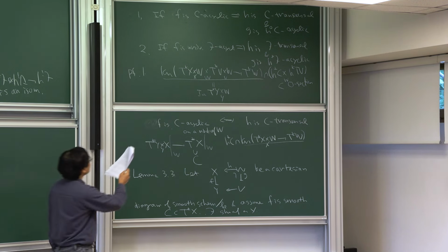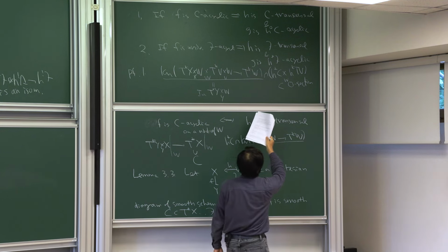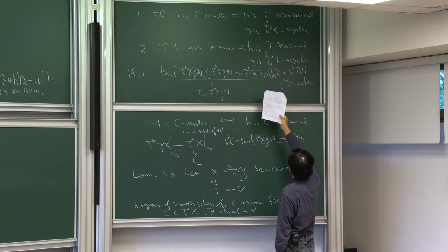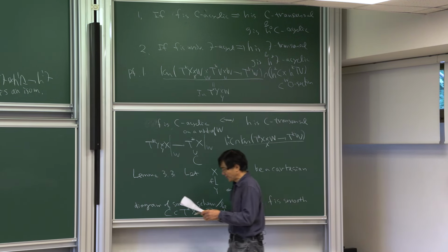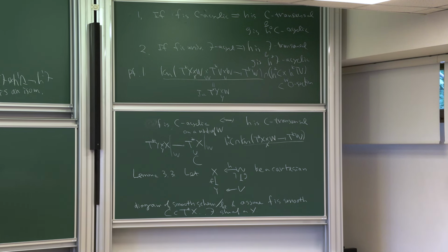So yes, this universal acyclicity I need for G, but for H I just need acyclicity. No, it's not true, sorry. I also need that.